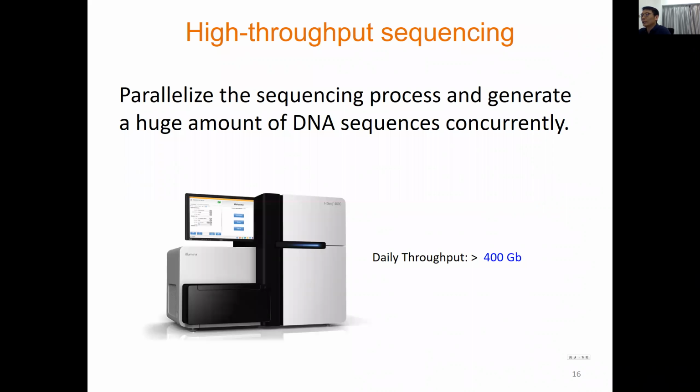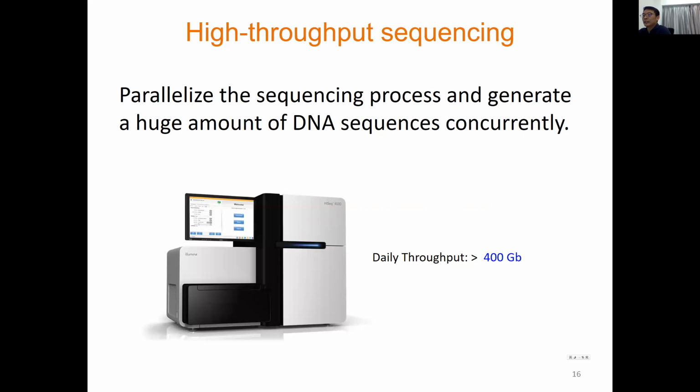It can parallelize the sequencing process and generate a huge amount of DNA sequences concurrently at a very low cost. The cost is extremely low compared with the traditional sequencing method. So it is very widely used now.